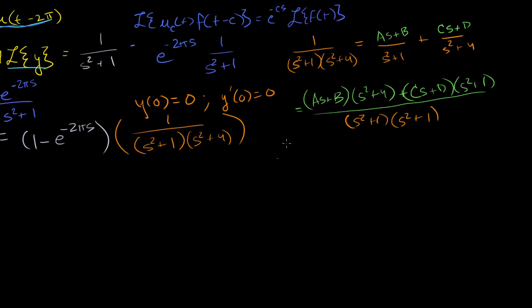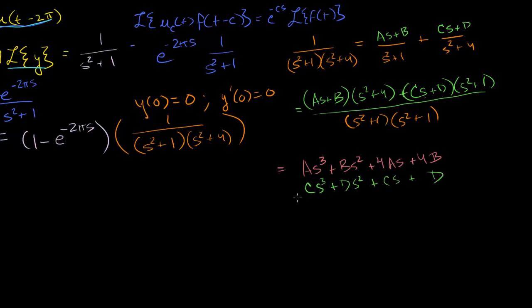So this top can be simplified to as to the third, plus bs squared, plus 4as, plus 4b, and then this one is, you end up with cs to the third, plus ds squared, plus cs, plus d.